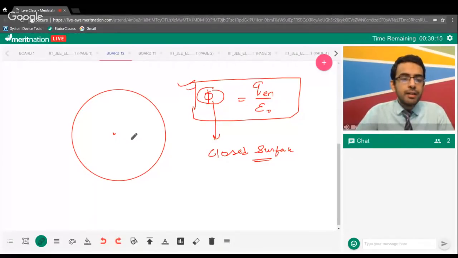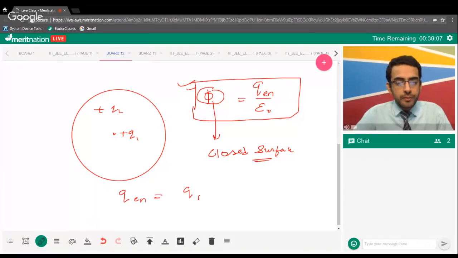For example, let's say plus Q1 charge is there, plus Q2 charge is there. So Q enclosed will be the total charge that is enclosed inside it.